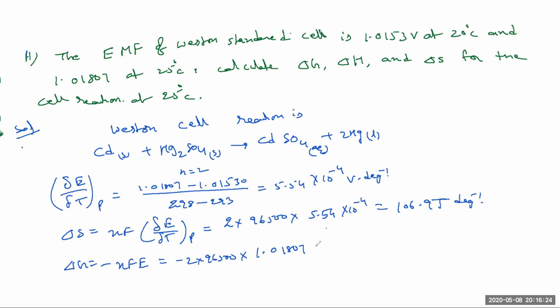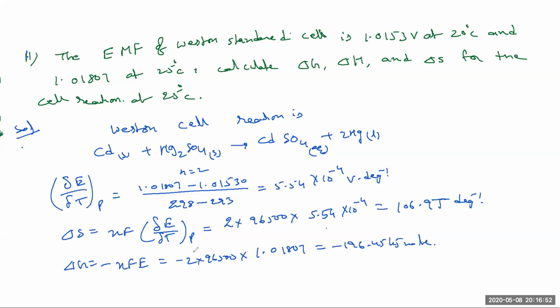By calculating, how much do you get? Have the calculator, right? So minus 196.45 kilojoules per mole will come.